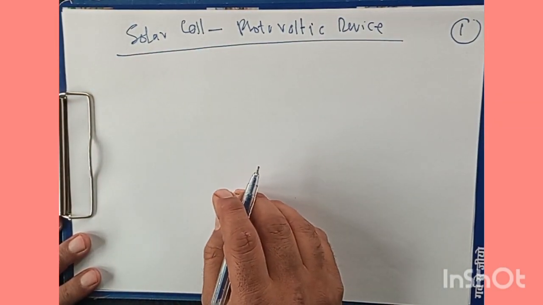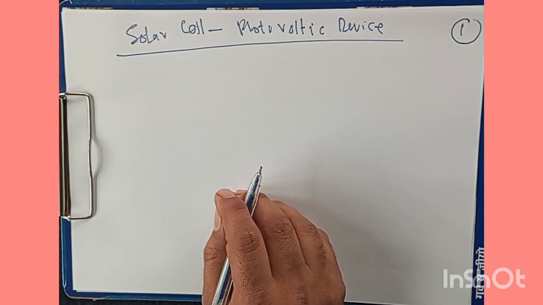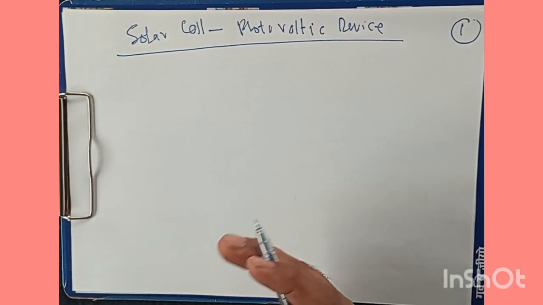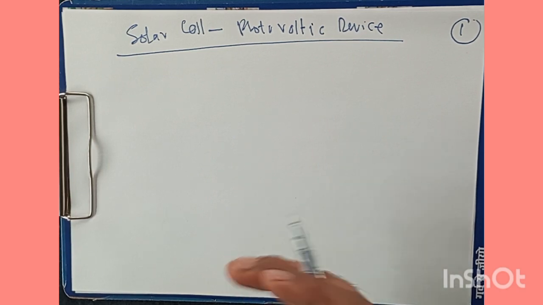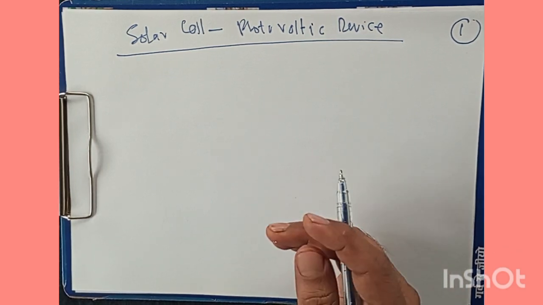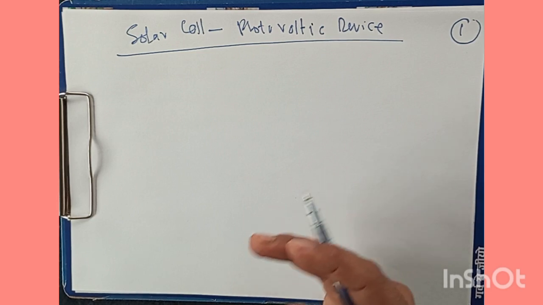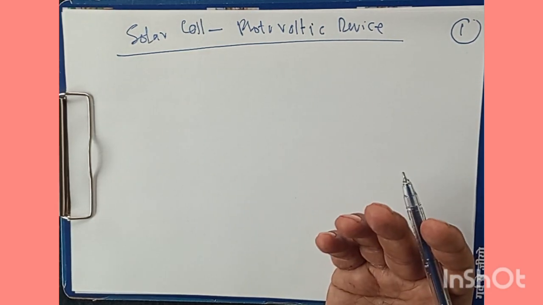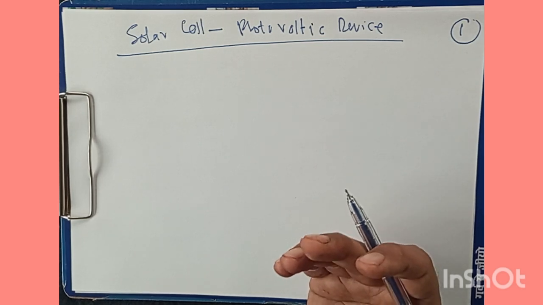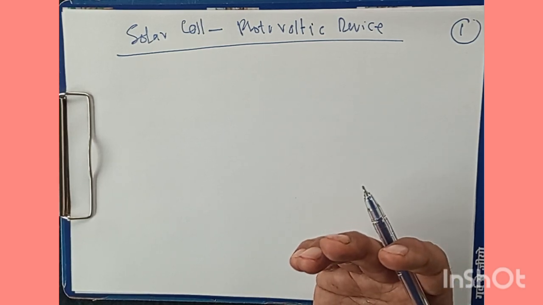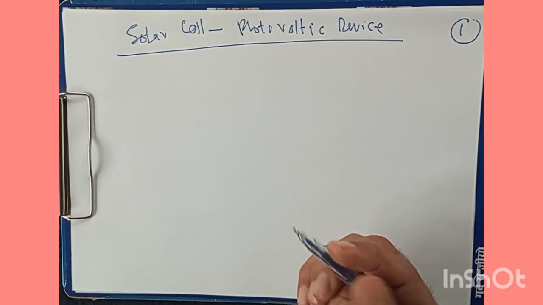Now, what is this solar cell? It's a special PN junction, no doubt about that, which converts solar energy that comes from sun into the electrical energy. And this PN junction is referred to as solar cell or photovoltaic device.